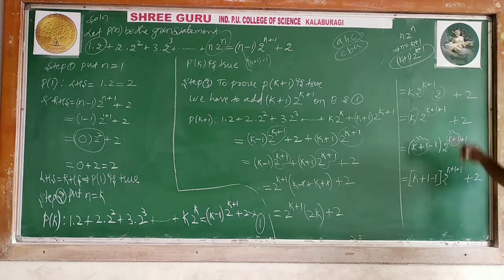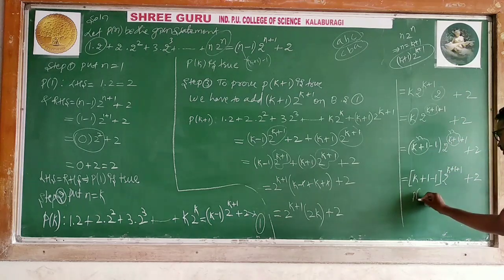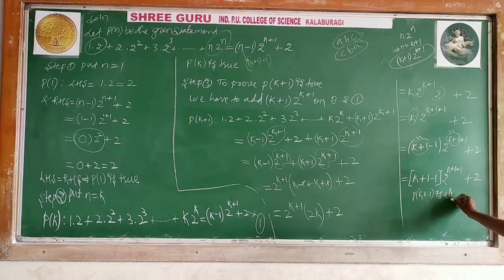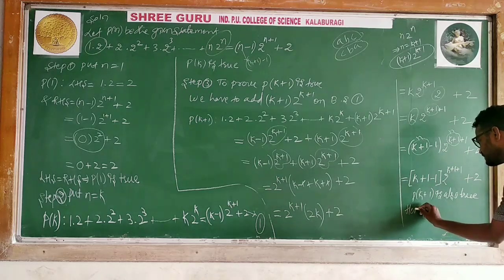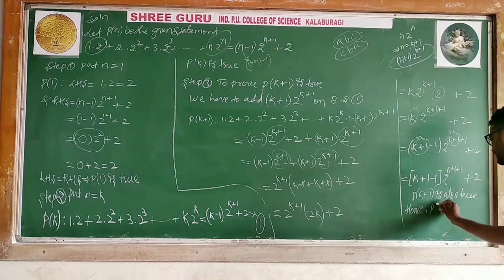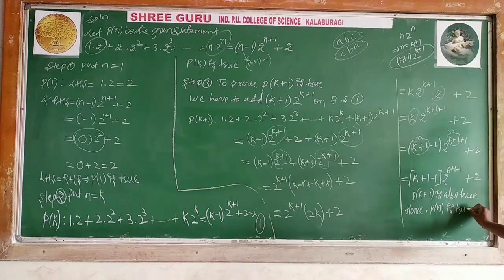Is it the same as given? Therefore I can say P of k plus 1 is also true. When this is true, then I can say hence the given statement P of n is true for all natural numbers, for all n belongs to capital N.